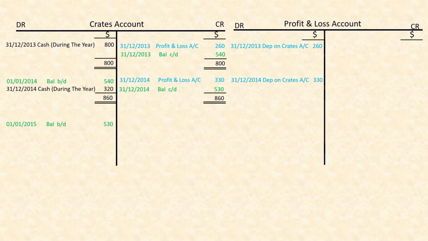So we are going to have on 1st January 2015, the balance brought down in regard to credits amounting to 530. We are picking it from here, which is the closing balance. Then you use it as the balance brought down. Balance brought down is equivalent to balance carried down from a prior period.